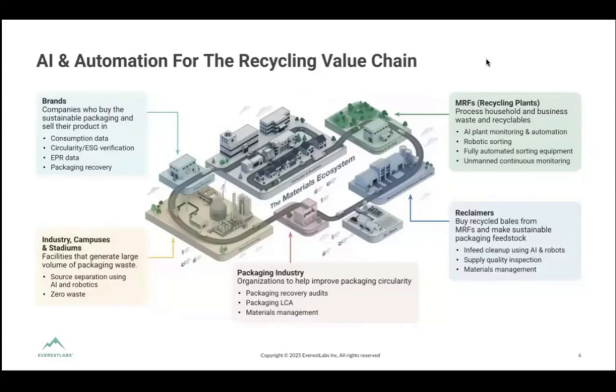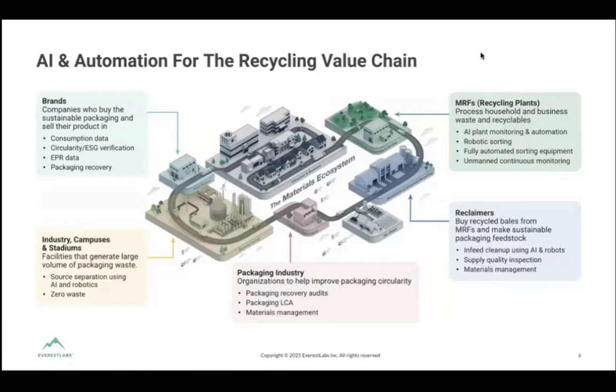They also use our robotics to automate their manual sorting on quality control lines, like removing contaminants. And our robotics are also very successful on residue or last chance lines, which allow MRFs to increase revenue by recovering more recyclables from being sent to landfill.